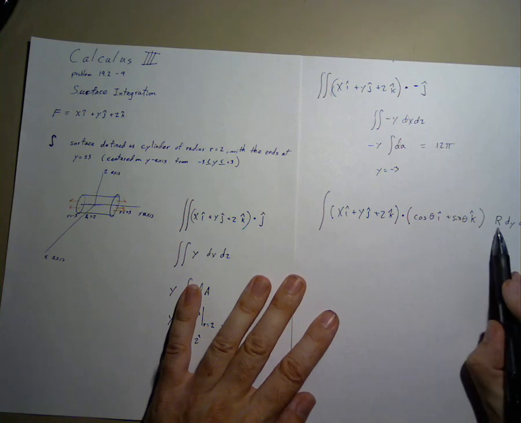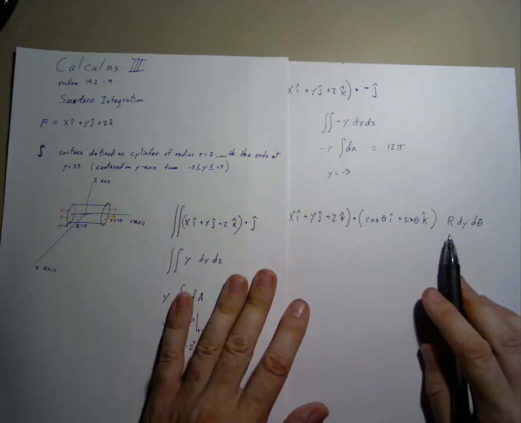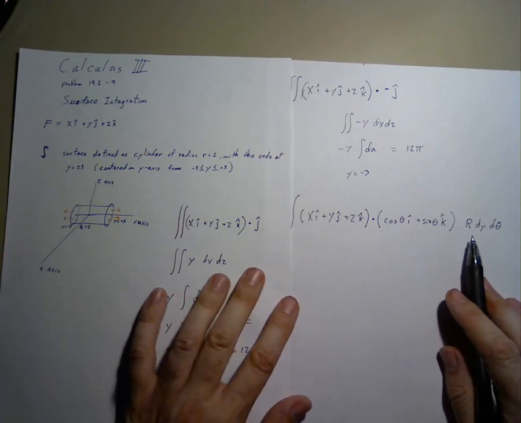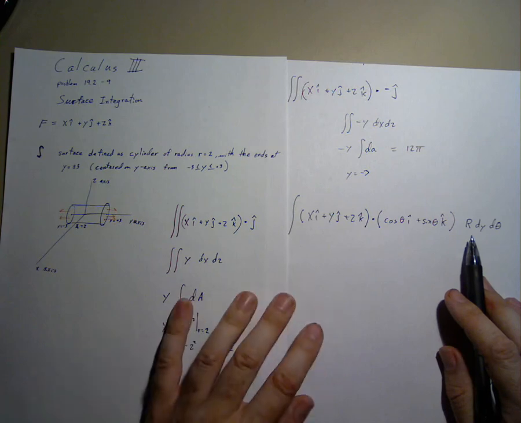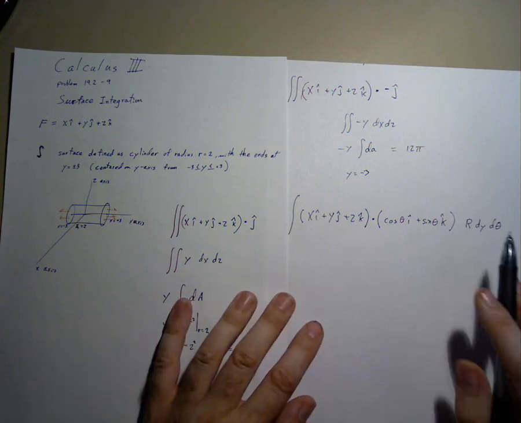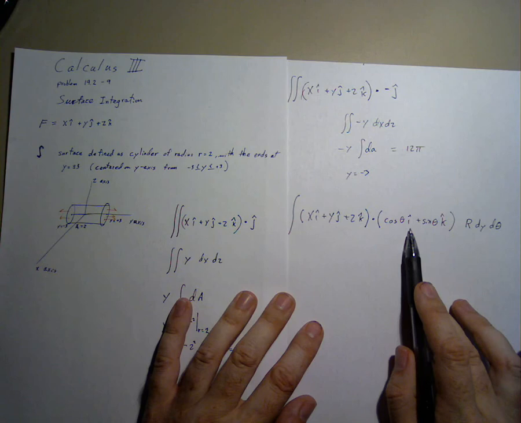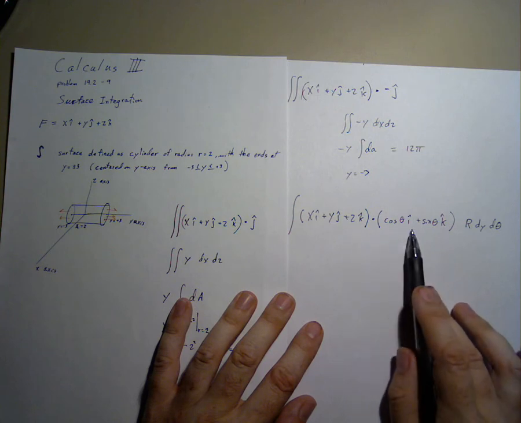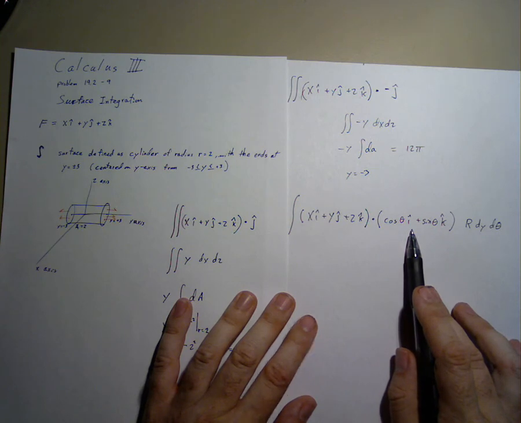Notice, because we're doing it in cylindrical coordinates, we have r included. Now, one thing not to panic about is that we have miscellaneous different variables in here that we have not accounted for. This is quite common, and we simply need to take into account what these variables are equal to.